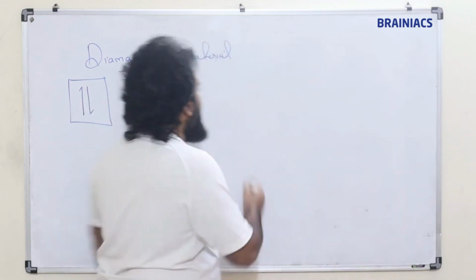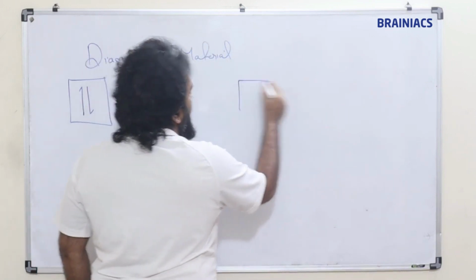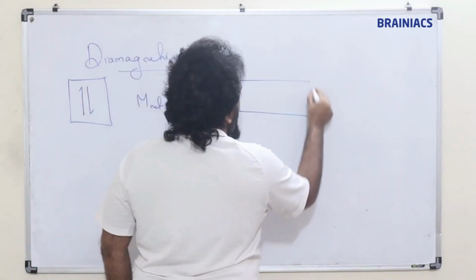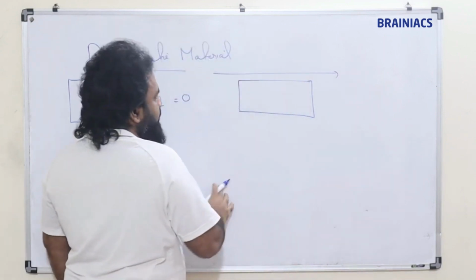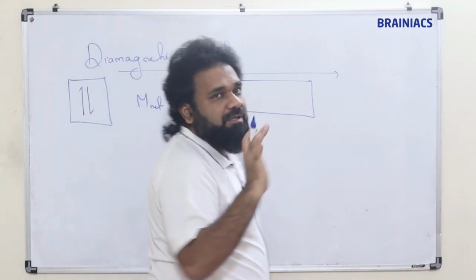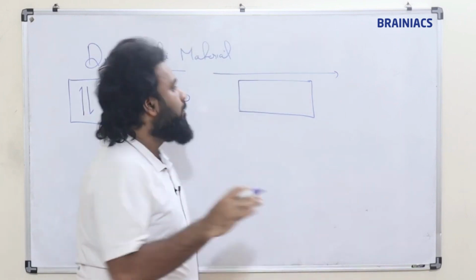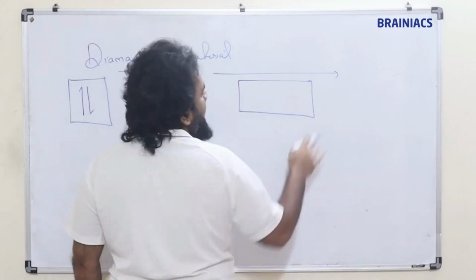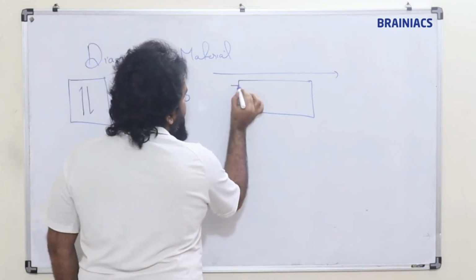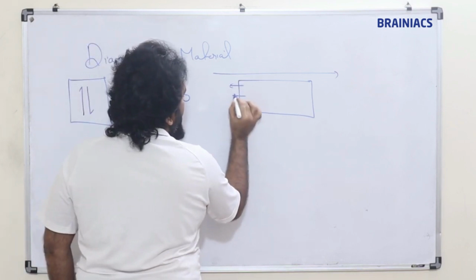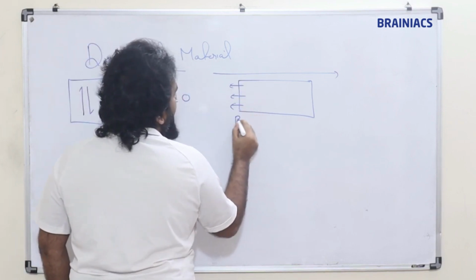So in diamagnetic material, when we try to magnetize this material, there are no dipoles even. So no alignment, no possibility of alignment, but this induced magnetic field in the opposite direction will be there.